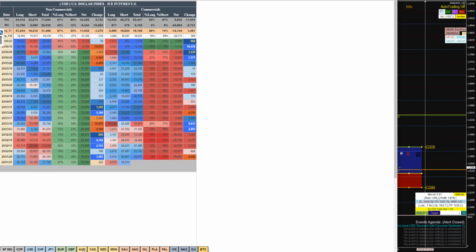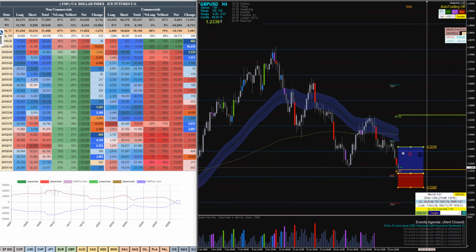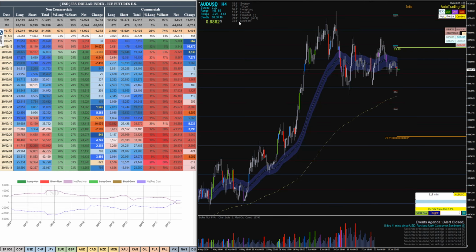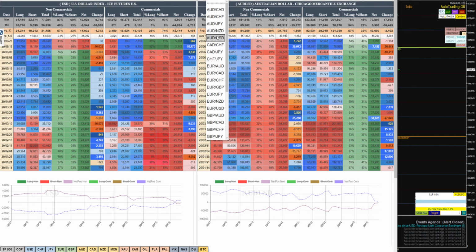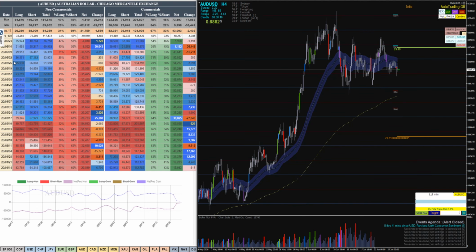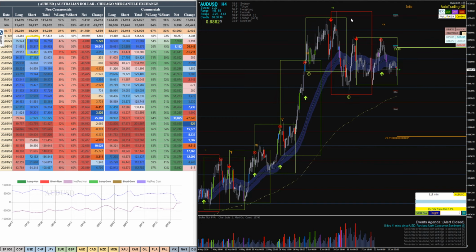Next one is the Aussie. Aussie very similar to Euro. So what happened here, price was going up, now it's ranging. We can see that the banks have closed quite big short positions in the last 2 weeks, which was here and here.